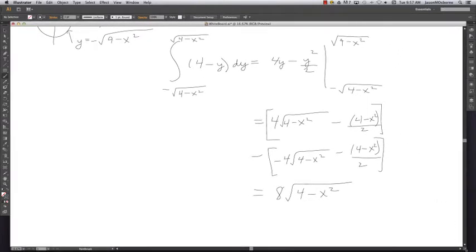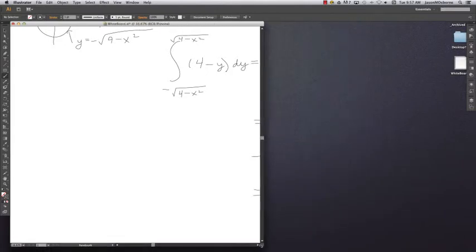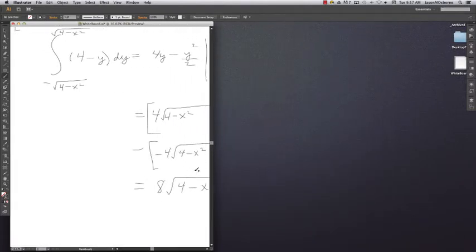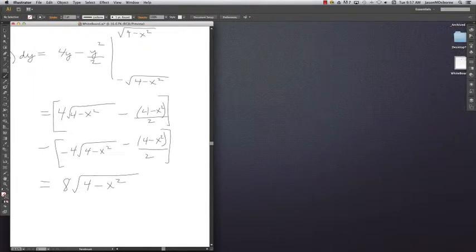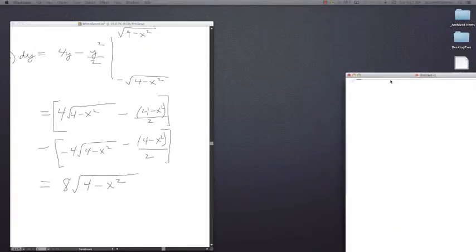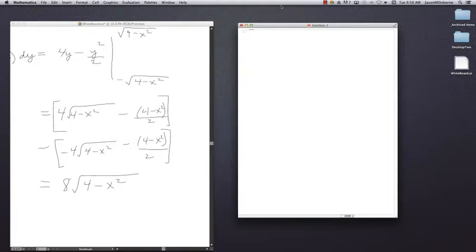Probably a good idea at this point to just double check this answer in Mathematica, just so you can make sure that you've progressed through this problem okay before you move on to the next step.